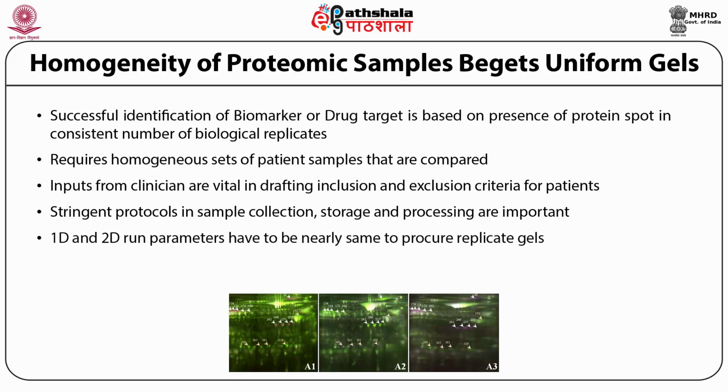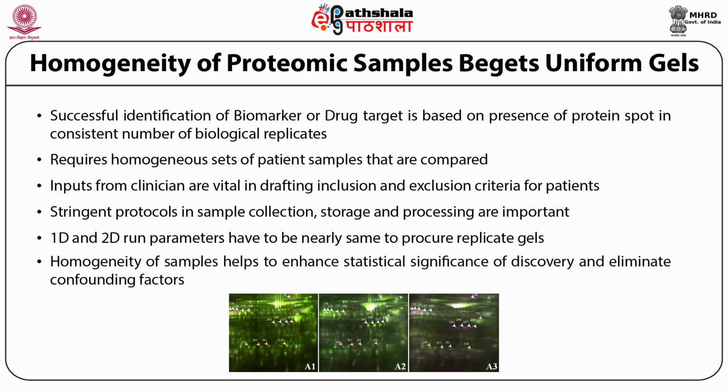The one-dimensional and two-dimensional run parameters have to be nearly the same to procure replicate gels. Homogeneity of the samples in all these ways helps to enhance the statistical significance of discovery and eliminate confounding factors.